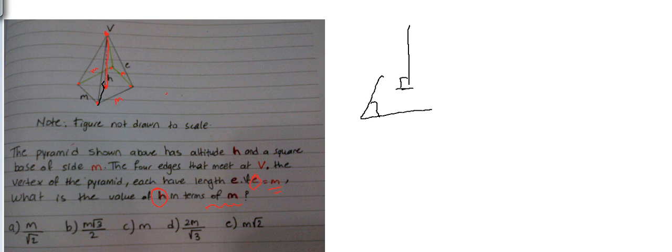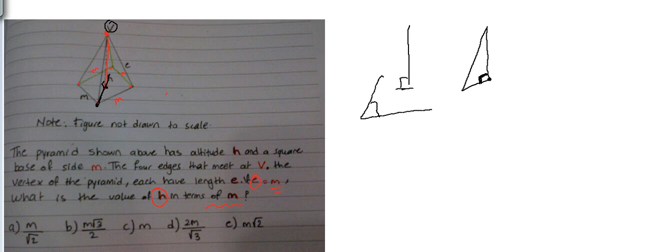So this height is perpendicular to this side. Let me redraw. The edge comes from this V to this point, and this is the height, and this is the foot of the height, connected by this line, right? So this is 90 degrees because it is perpendicular. What else do we have in this figure?